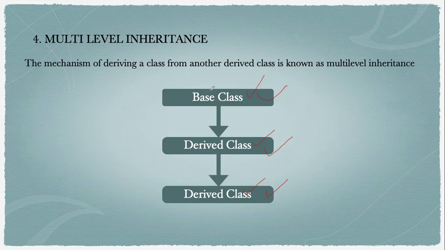That means the base class properties can be accessed in derived class 1, and this is derived class 2. The base class properties are accessed in derived class 1, and the derived class properties can also be accessed in derived class 2. That means the base class properties can also be accessed in derived class 2 as well. This kind of inheritance we call multi-level inheritance.